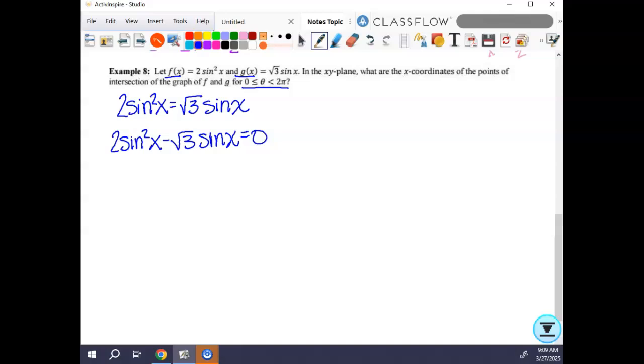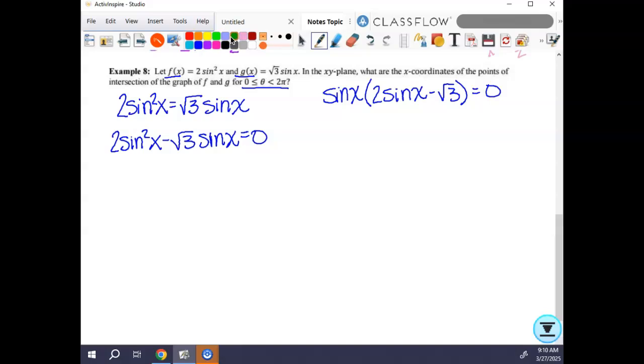And then since it's not a trinomial, I can't factor it into 2 binomials, but can I factor out a GCF? What's my GCF here? Sine of x. Very good. So I'm going to factor out a sine of x. That leaves me with 2 sine x minus the square root of 3 equals 0.